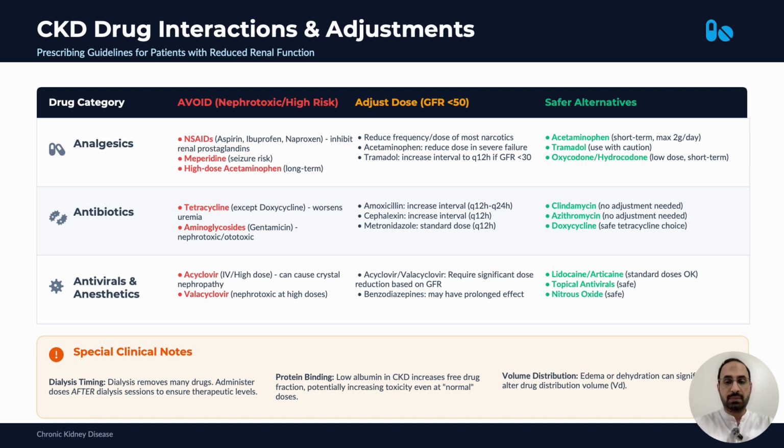If prescribing antibiotics such as amoxicillin or cephalexin, we must adjust the dosing interval. So there should be dosage adjustment. The crucial rule is to administer medications after the patient's dialysis session. It is preferable that if we prescribe a drug, we do so the day after dialysis, so the drug is not immediately filtered out of their blood, ensuring there is no filtration of the drug.